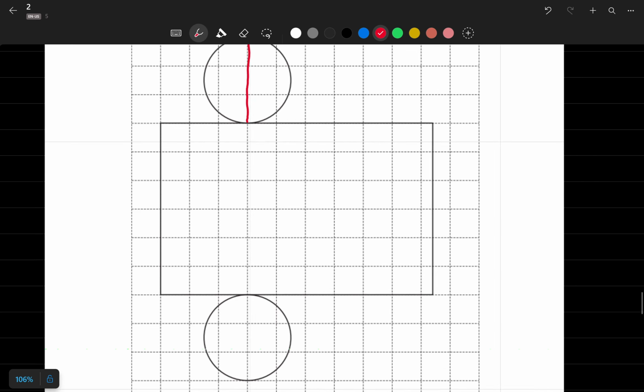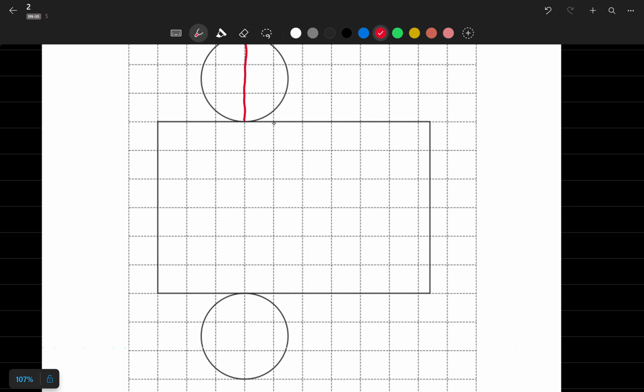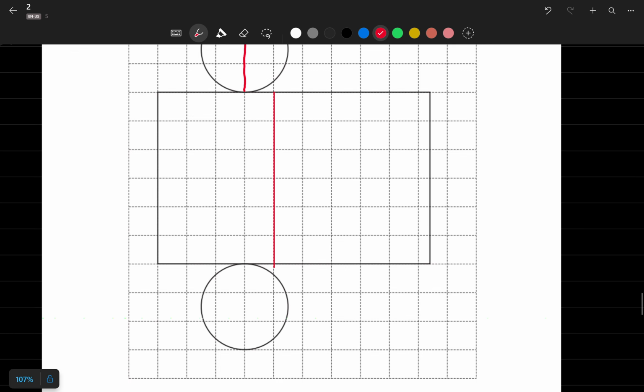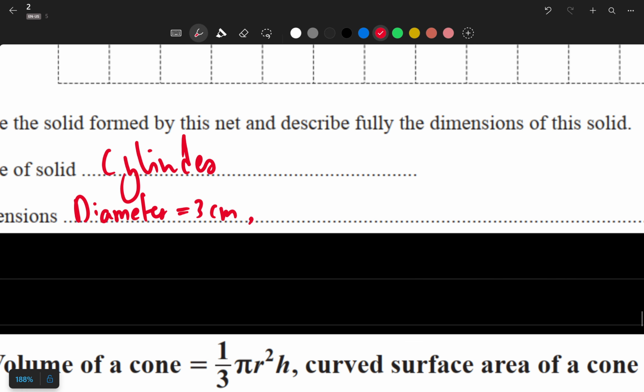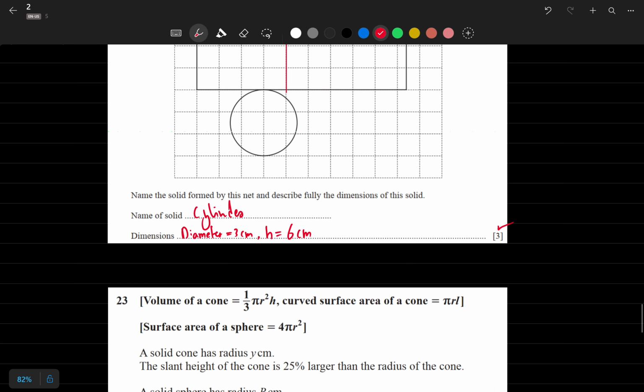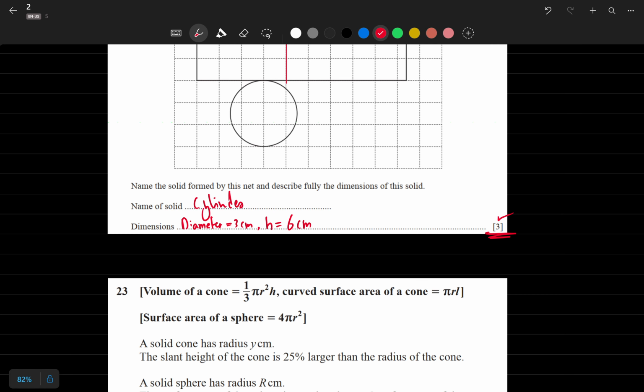Now for this shape which folds around this circular shape, it is 1, 2, 3, 4, 5 and 6. This part is 6 centimeter in height. So the height of the cylinder is equal to 6 centimeter. Now you have mentioned 3 points and you can gain a complete 3 marks.